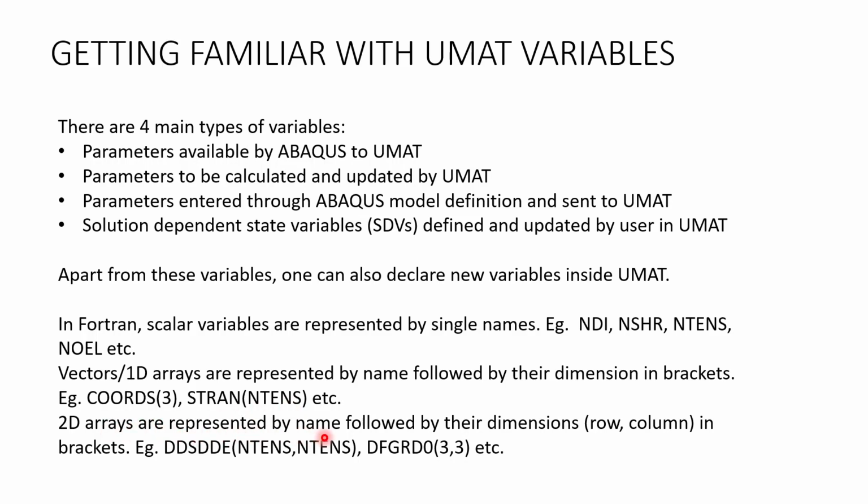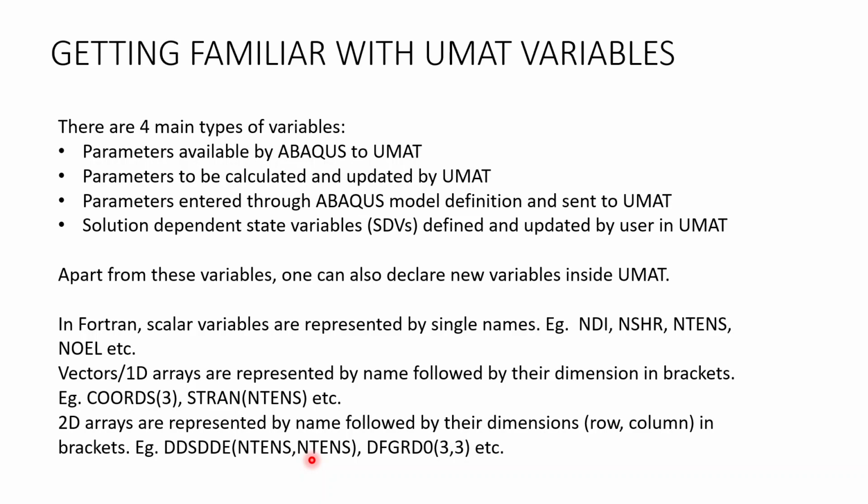Two-dimensional arrays are represented by the name followed by the dimensions. Here there is only a one-dimensional array, so it can be either a row or a column. That is the number of elements in that row or column. In 2D arrays we have to specify the row and the column. Row comma column is the convention. So here, DDSDDE bracket NTENS comma NTENS.